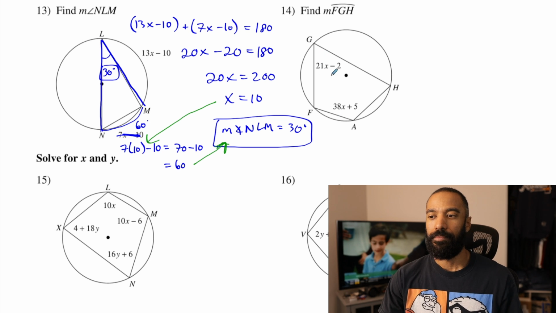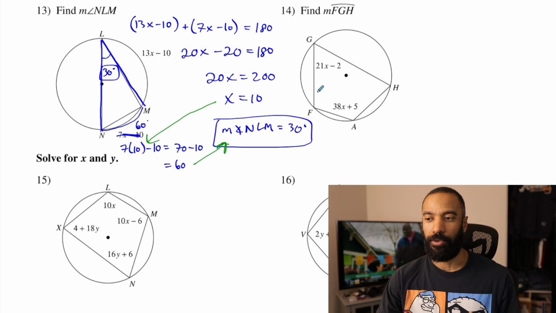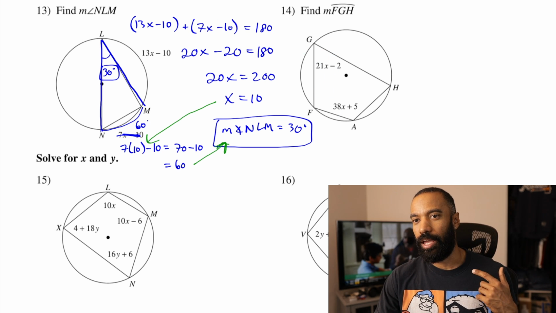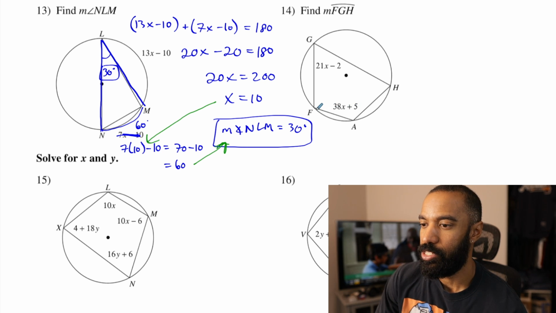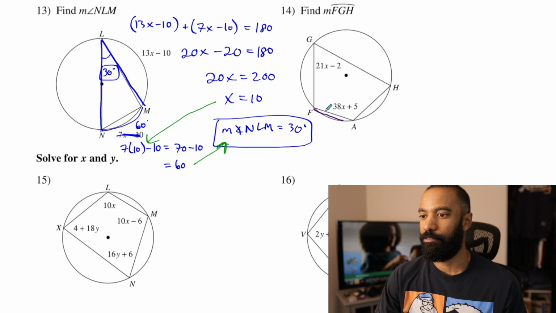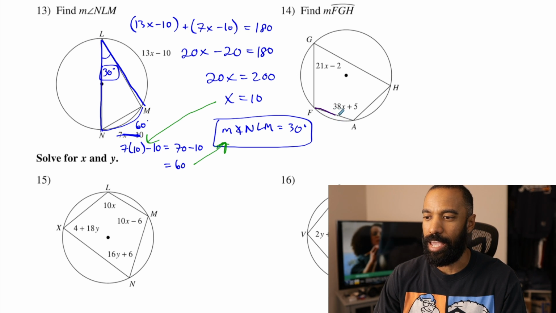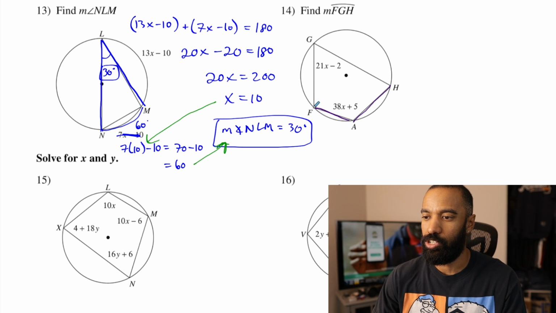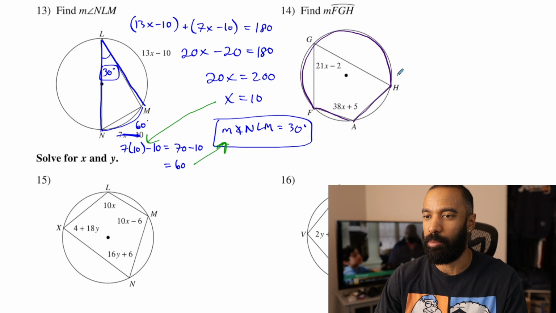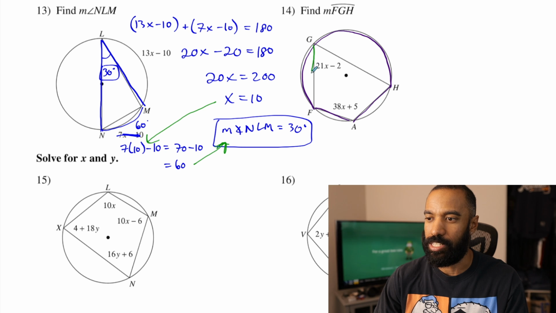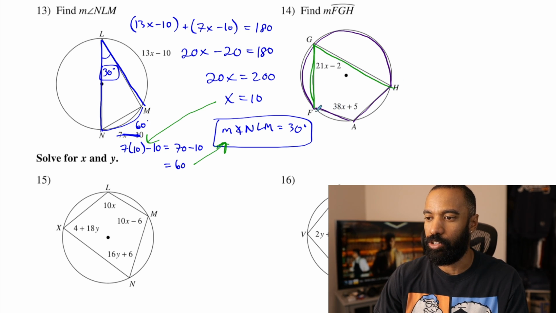The whole idea about inscribed quadrilaterals is that their intercepted arcs complete the circle. When you look at this inscribed angle right here, FAH, its intercepted arc is this major arc here, FGH. Notice that in purple. And then here in green, if I take the inscribed angle FGH, its intercepted arc is FH right here.